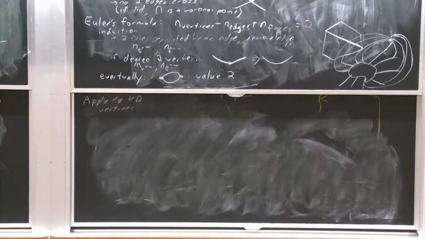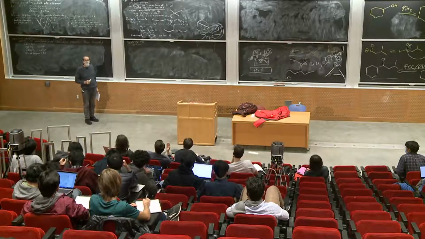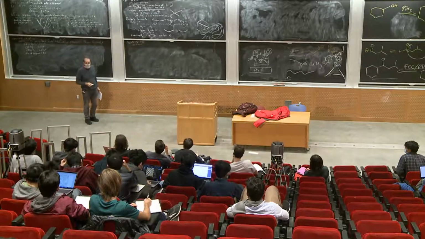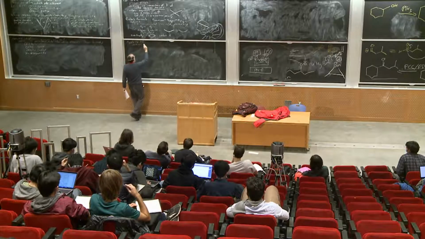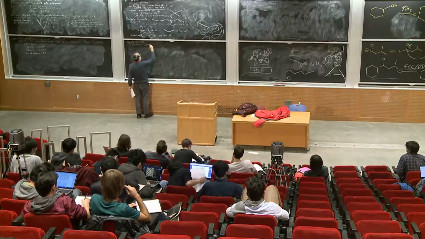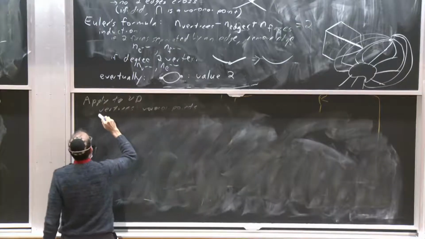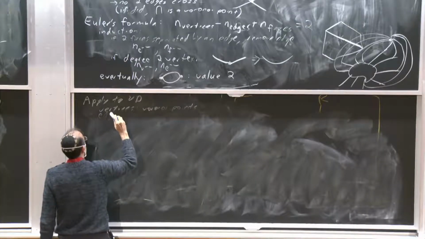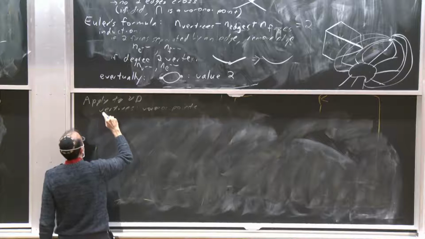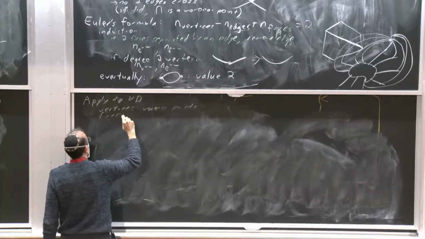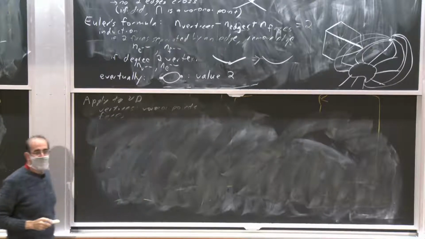I already gave them a name. Exactly. The vertices are Voronoi points. And what are the edges? Well, let's start with easier. What are the faces of the Voronoi diagram?